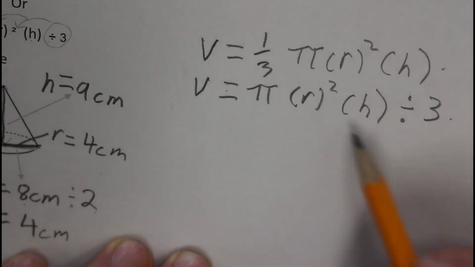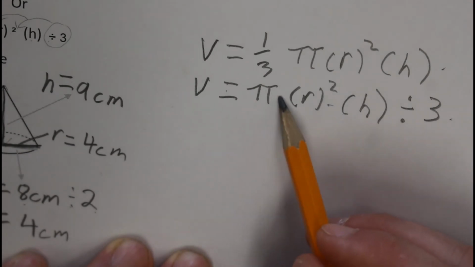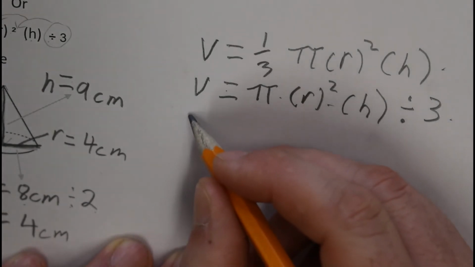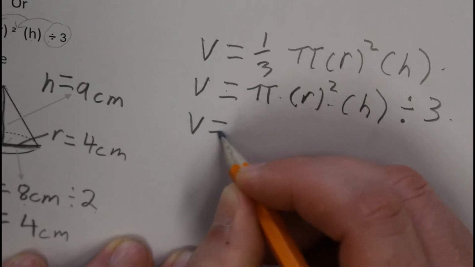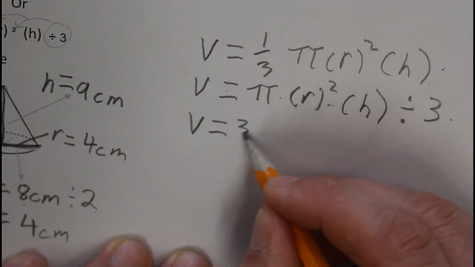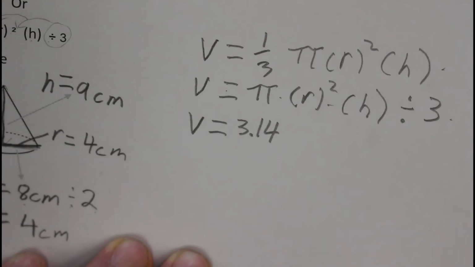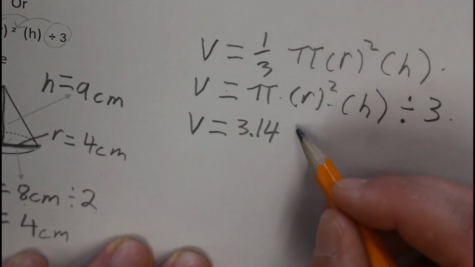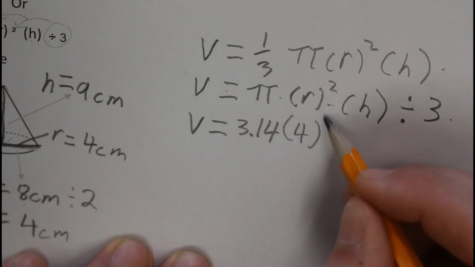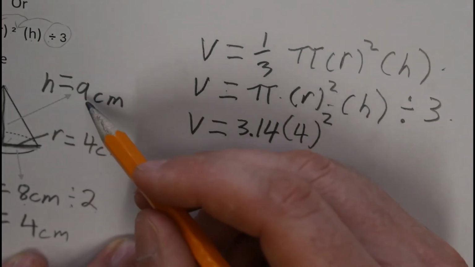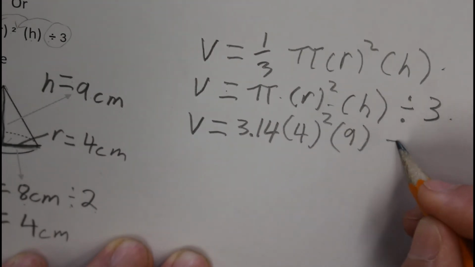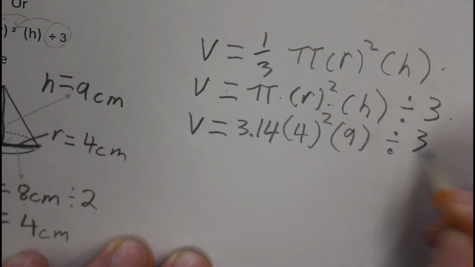Both of these are exactly the same. Divide by 3 could be right there or right there. It doesn't matter. You'll come up with the same answer every single time. Now let's start plugging in some numbers. We've got pi, which is 3.14. Radius is 4, so 4 squared, times height. Height is 9.